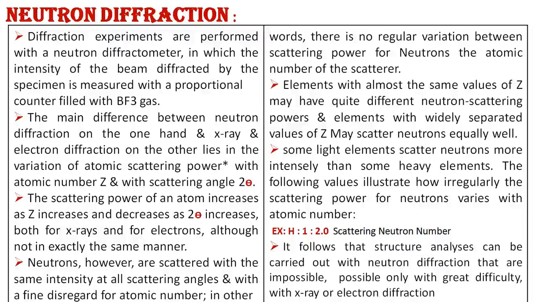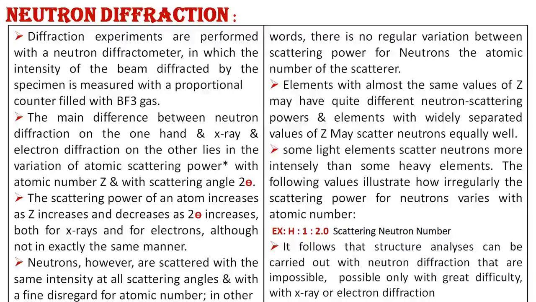The scattering power of an atom increases as Z increases and decreases as 2 theta increases, both for X-rays and for electrons, although not in exactly the same manner. Neutrons, however, are scattered with about the same intensity at all scattering angles and with no regard for atomic number. In other words, there is no regular variation of scattering power for neutrons with the atomic number of the scatterer.